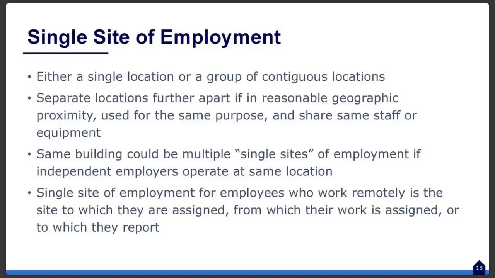A couple other notes real quick. The same building could be multiple single sites of employment if independent employers operate there. So if you have an office building, each different company operating within the same building would have its own single site of employment. It's not just that you count all the employees in the building. That should be fairly obvious.